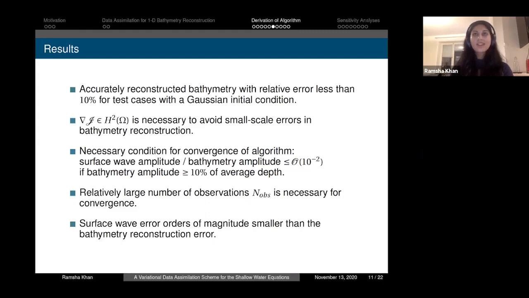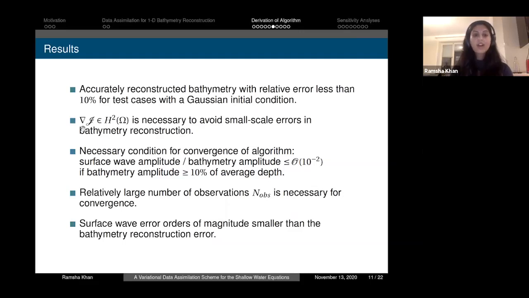Which makes sense because if we look at the form of our shallow water equations, the term in which the bathymetry enters the system is a derivative with respect to x, and to require classical solutions, we require smoothness on the derivative of the bathymetry as well as the bathymetry itself.